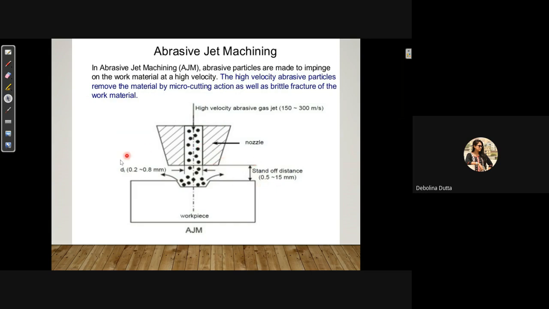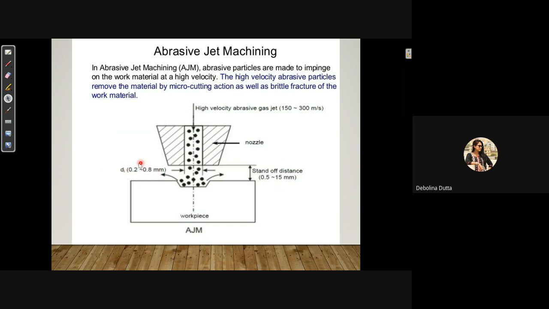Okay, and this is the nozzle opening. The abrasive is not sent through the whole nozzle; the nozzle has a certain opening, which is shown by the DI, the nozzle inner diameter. The inner diameter is 0.2 to 0.8 millimeter, which you can understand is pretty low.